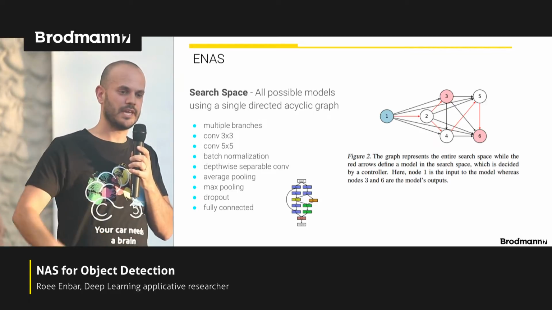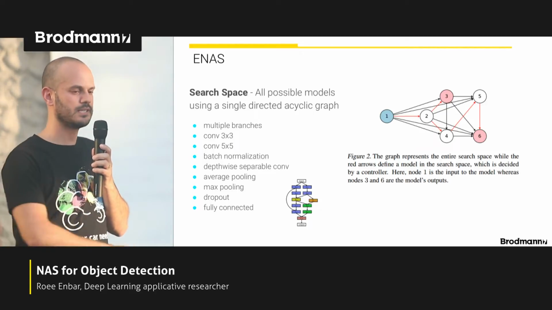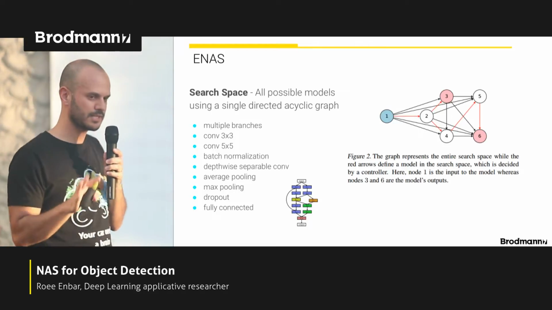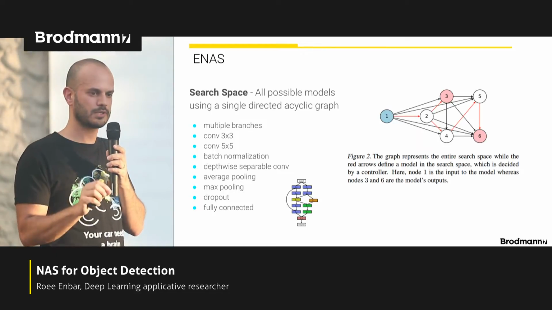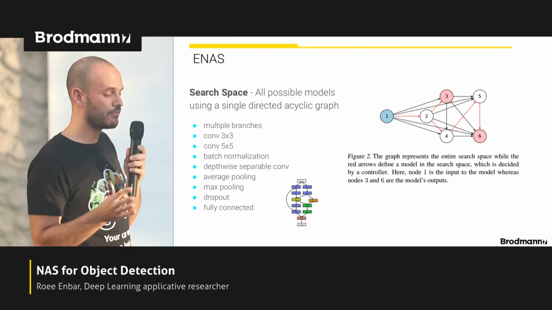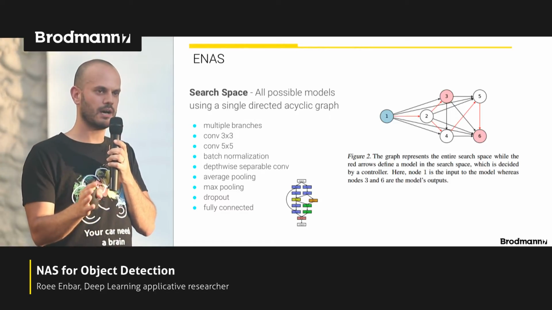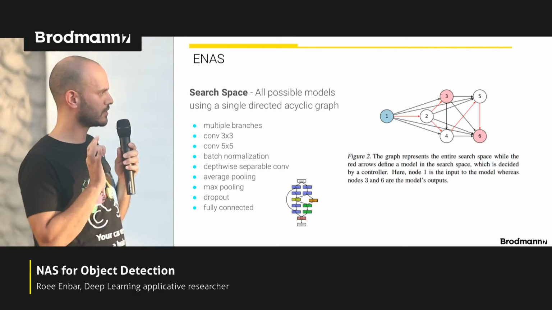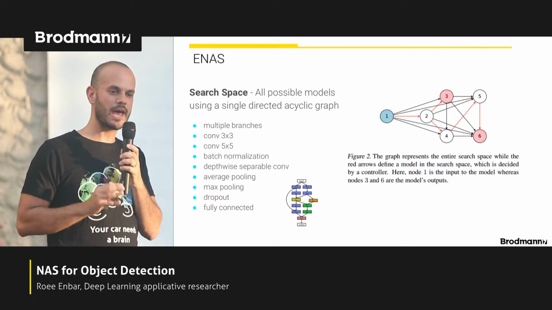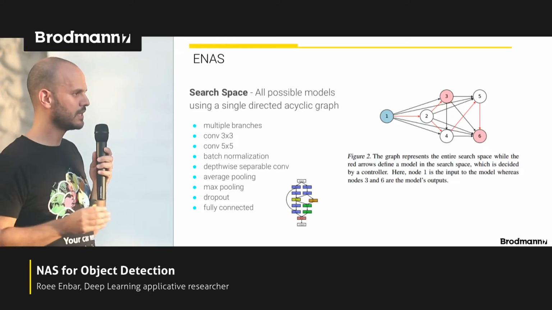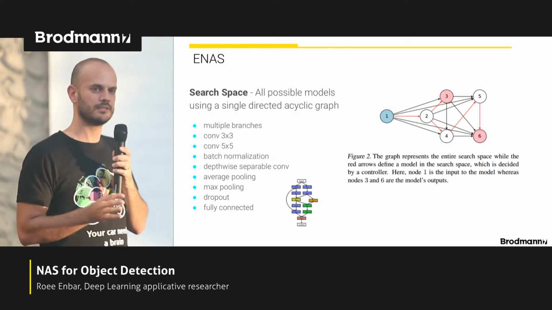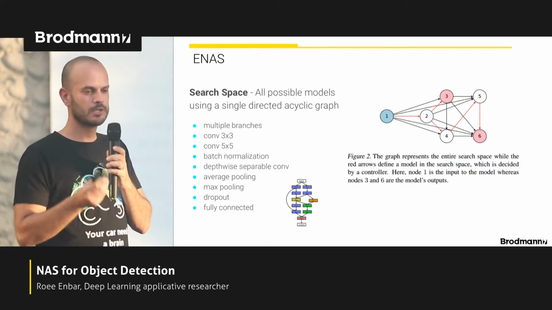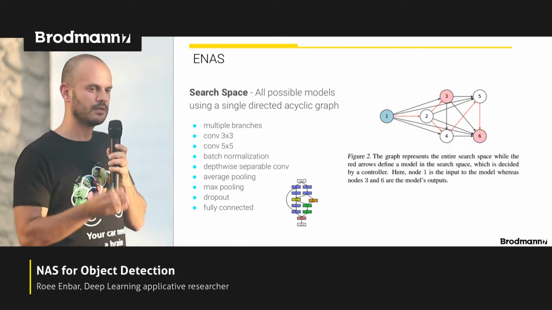Like DARTS, they construct a hypermodel that contains all possible models in the search space, and they use a reinforcement learning agent to navigate this model. The agent's job is to choose a path in this hypernetwork, and this path uniquely defines a model.